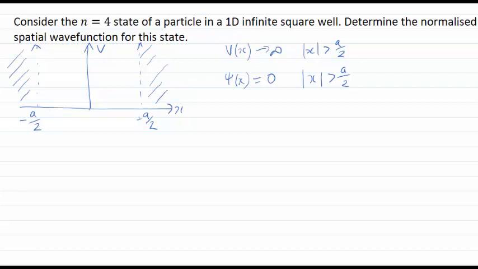And we also went through and found the solutions for inside this infinite well, and it turned out there were only certain allowed solutions for the spatial component of our wave function.